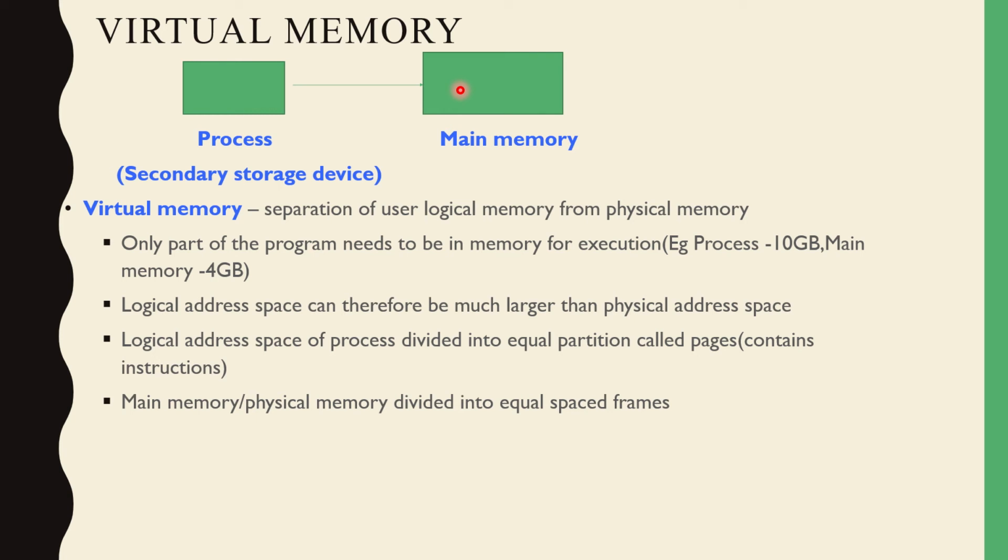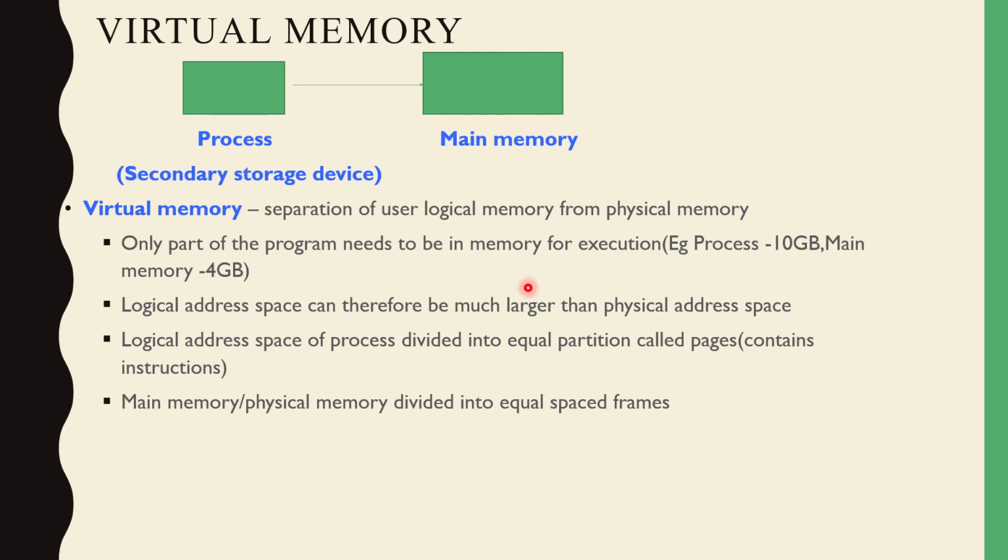So whichever process you want to execute, first the process has to be loaded from a secondary storage device to the main memory. We discussed all those details in the first module itself. The secondary storage device can be anything, your hard disk or your USB drive.